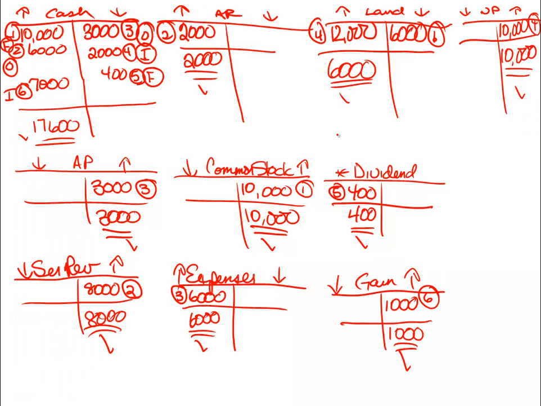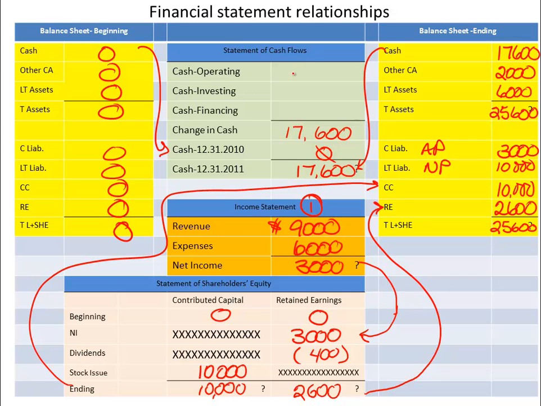Looking at the cash account, I see I have an operating inflow of $6,000 and an operating outflow of $3,000. So the difference is $3,000, cash inflows from operating activities of $3,000.